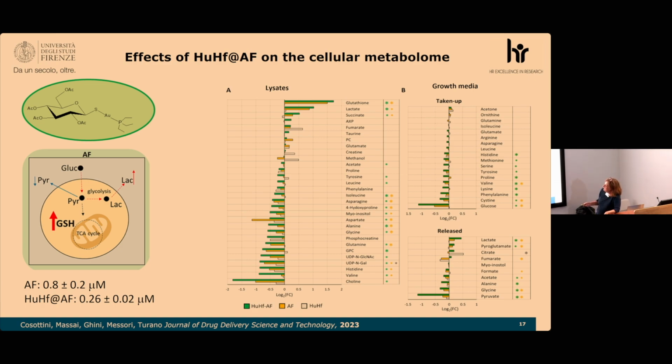You see, you have in green the patterns that we have for the conjugate, in yellow the free drug, and in white you have the apoferritin, so the ferritin without any metal ion bound, to exclude large effects that could come from the protein cage. And you see that the patterns are exactly the same.